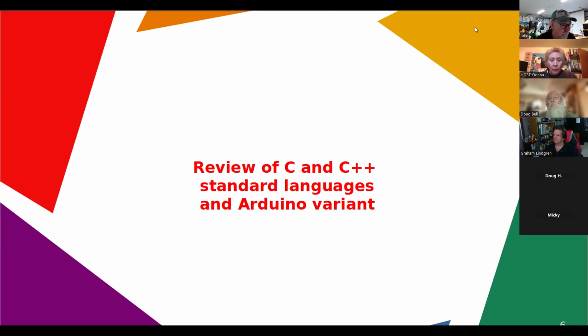There are also arrays, pointers, and strings. On Arduino, strings are different. If you look at the Arduino library reference, I provided that link in previous materials that I've sent your way.